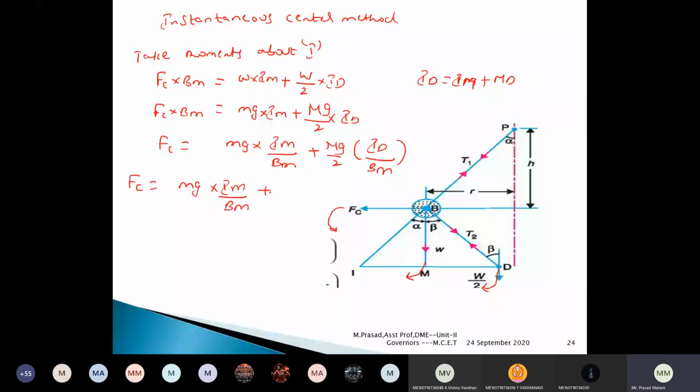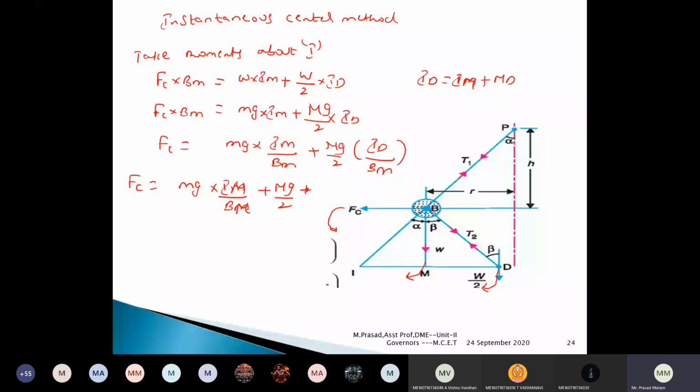This is capital M only. This is also capital M, plus this small m again. So this mg by 2 capital M plus mg into Im by Bm plus.